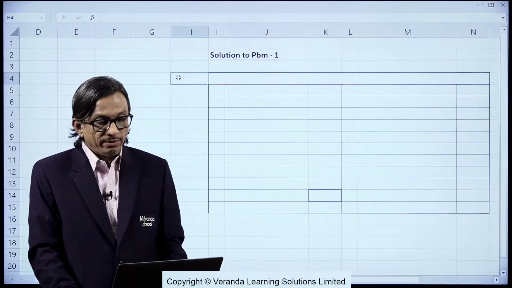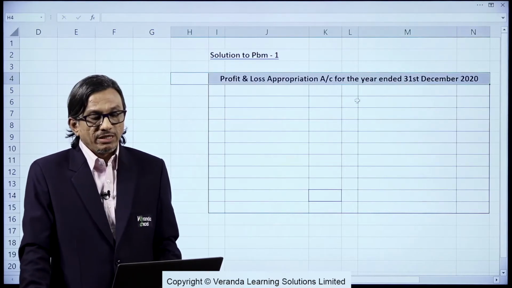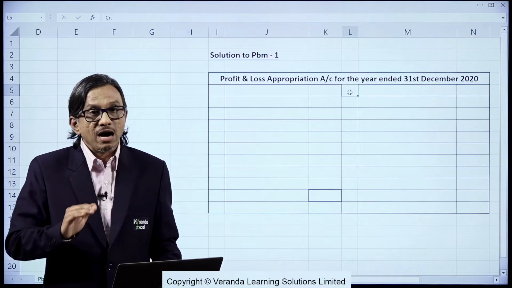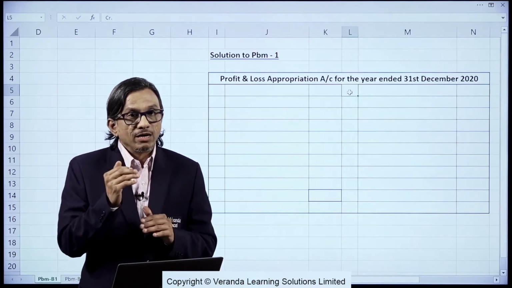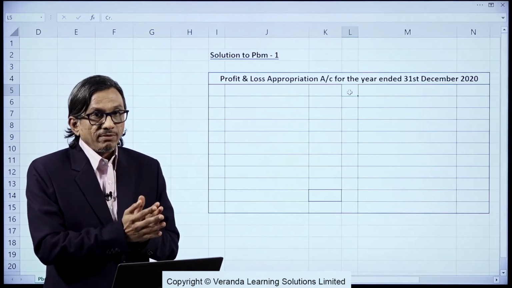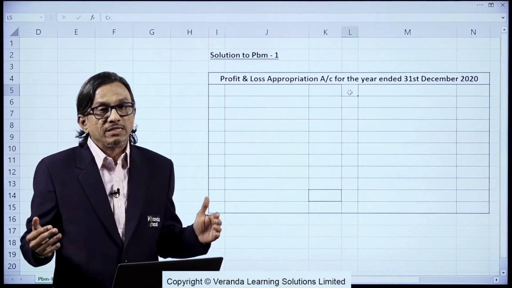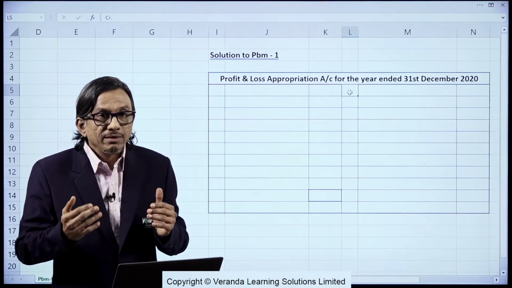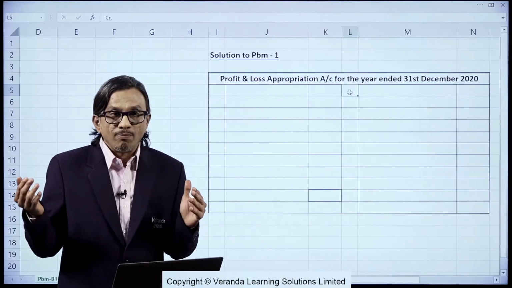So let us start with the first one, the P&L appropriation account. This appropriation account is prepared after you have determined the profit for the year. First you will prepare the trading account and get the gross profit. The gross profit will be transferred to the P&L account. Then you will record all the expenses and income and get the net profit. The net profit will be transferred to this account called the P&L appropriation account.